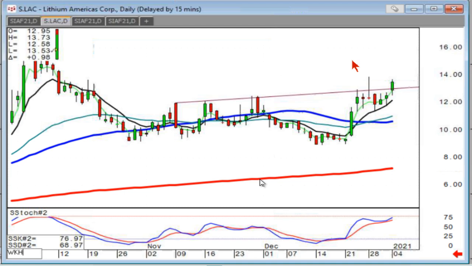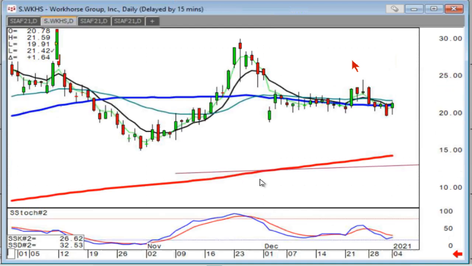Workhorse here has kind of fallen out of the picture, but that's another one that needs to go into the analysis.